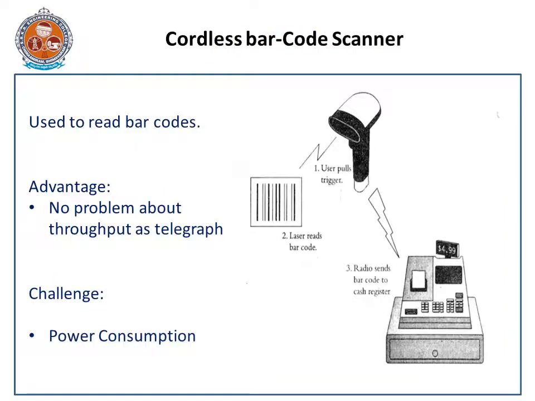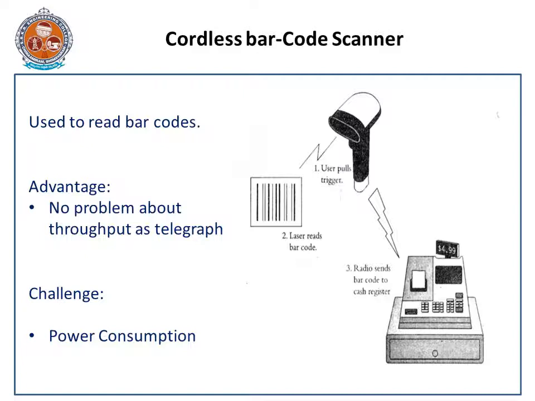Now the second example, the cordless barcode scanner. It is an electronic device which can be used to read barcodes by using laser rays. Whenever the user pulls the trigger, it activates its laser to read the barcode and sends the barcode across a radio link to the cash register.